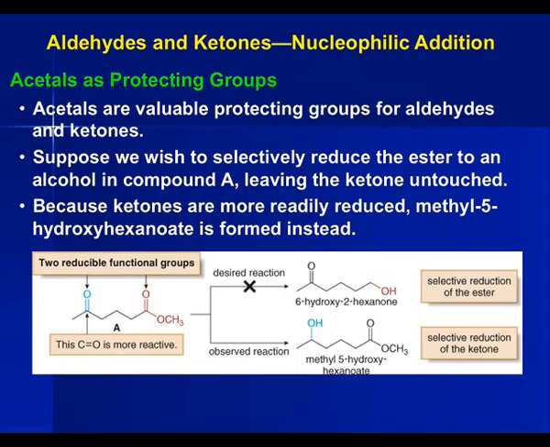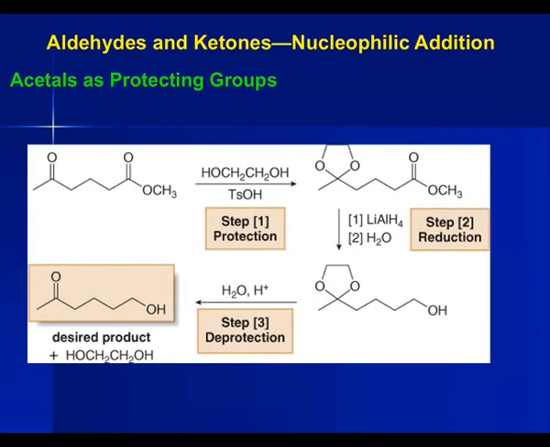So, what is she going to do? She's going to protect the ketone, do the chemistry that she wants, and then get the ketone back, okay? So what she's going to do is take her starting material. She's going to use two equivalents of an alcohol. In this case, however, the alcohols happen to be in the same molecule.